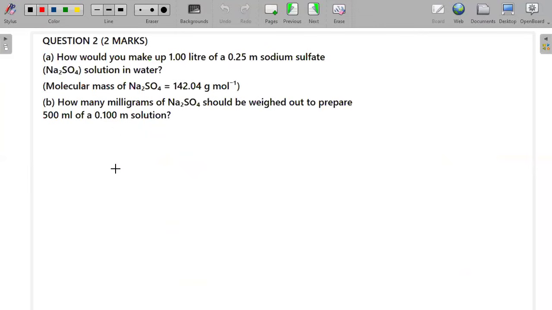Part 2. They're saying, how would you make up 1 liter of a 0.25 molar sodium sulfate solution in water?